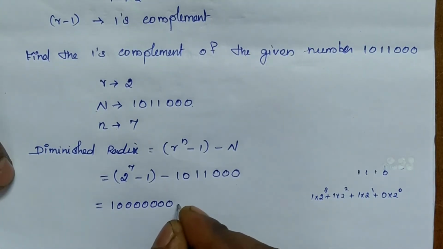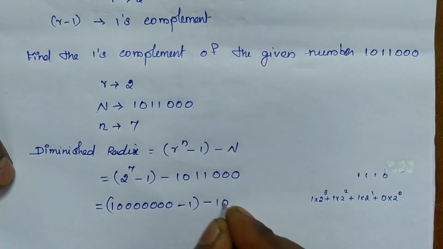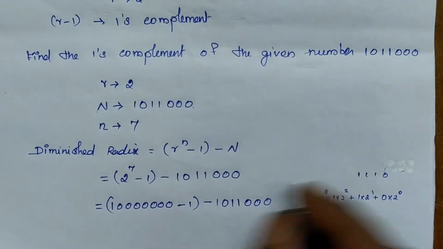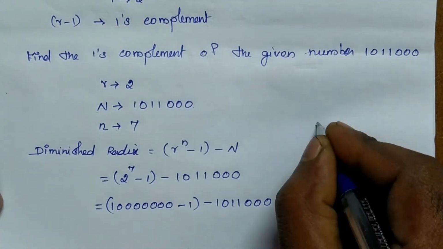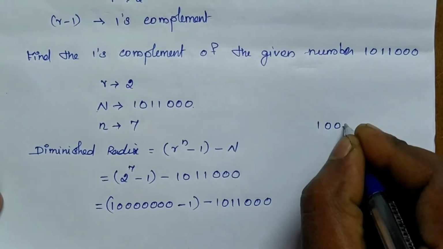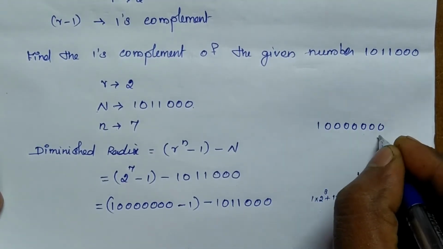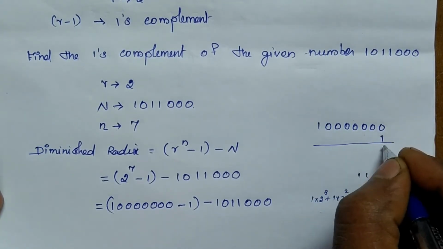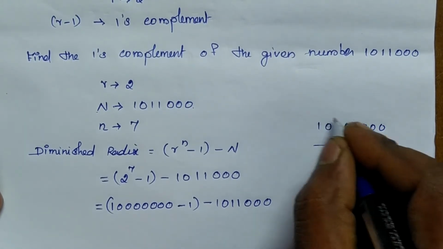So minus 1, minus 1 0 1 1 0 0 0. So now we need to subtract this value. So here 1 0 0 0 0 0 0 0 minus 1. So here we cannot subtract, so we need to borrow. So from here I am borrowing it.